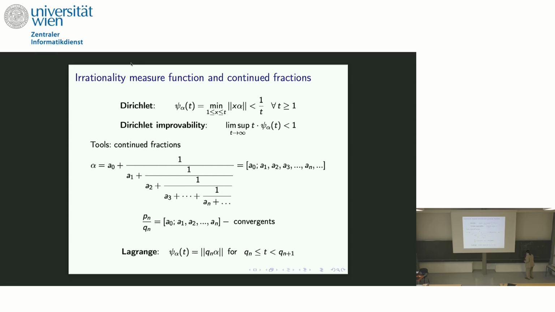That is the irrationality measure function. Here is the definition. Dirichlet's theorem turns into this inequality. Dirichlet improvability means that this lim sup is less than 1.